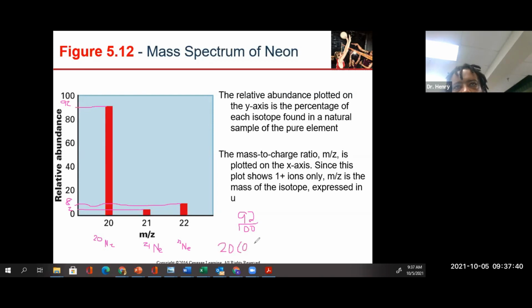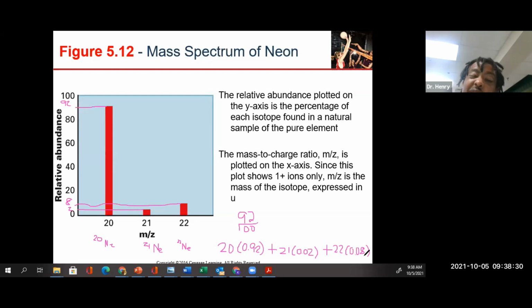0.92 plus 2%, which is 21 times that 2%, which is 0.02 in decimal form, plus 22 times 0.08.